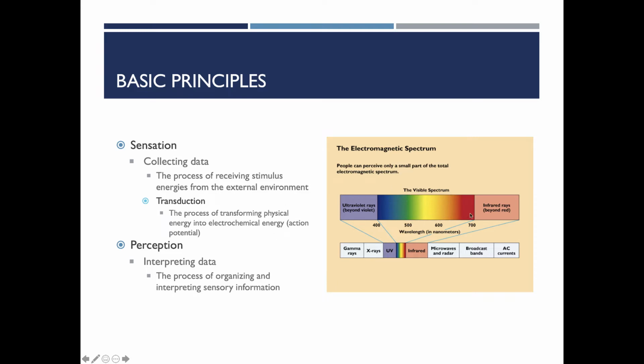Now, your eyes take in this information, but it has to be converted into a message that your brain understands. Interpreting the message is perception. So in perception, your brain interprets those raw sensations that it has taken in and translates the sights, the sounds, the smells into something meaningful or understandable.